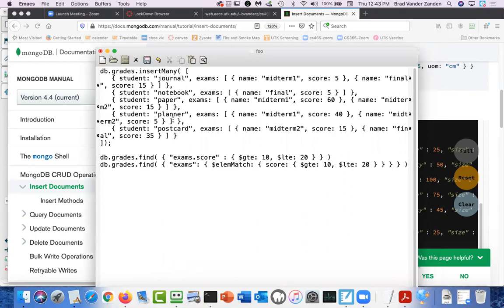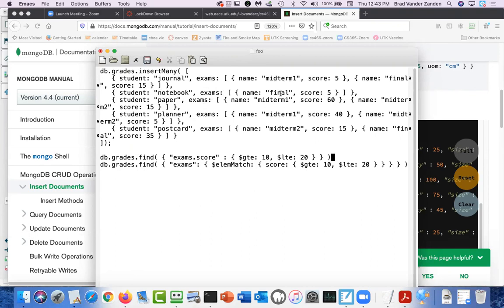I know I didn't change them, I was modifying an old relation. So student is named Journal, has a list of exams. So arrays or lists start with a square bracket. And so this person had a midterm 1 with a score of 5 and a final with a score of 15. This person had an exam with a score of 5.